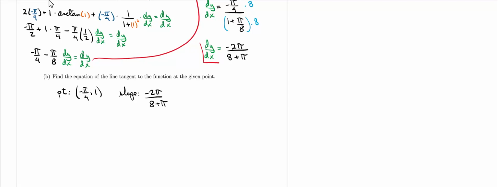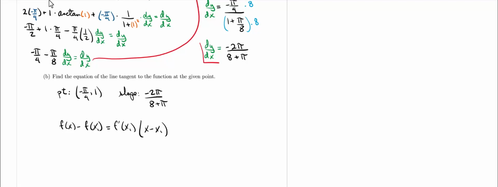All right, now we can use the point slope formula, where we're going to have y minus y1, or let's use function notation, f of x minus f of x1 is equal to the slope, which is the derivative evaluated at x1, times x minus x1.